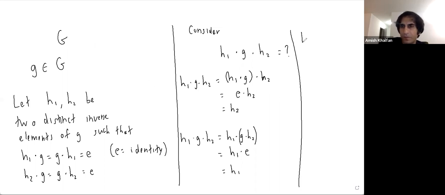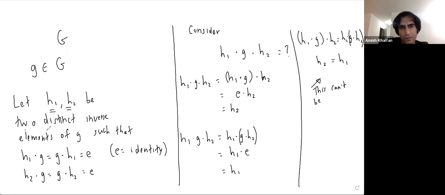And so it has to be true that h1 dot g, then composed with h2, will give us the same thing as having everything in the order that they appeared before, but just shifting the parentheses so that you have h1 dot the product g with h2. Right? This has to be true. And if that has to be true, then we're seeing that h2 has to be equal to h1. But this can't be, right? Because we assumed that the elements h1 and h2 were distinct, not the same.